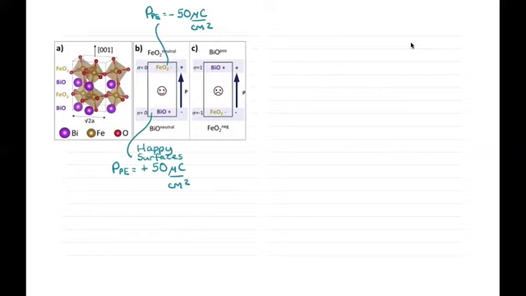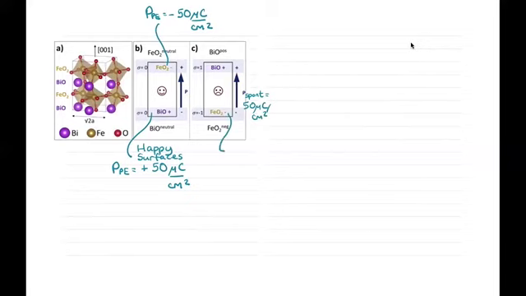In the opposite case, sketched here, the polarization is still oriented in the up direction. So the negative end is at the bottom and the positive end is at the top. And the spontaneous polarization still has the value of 50 microcoulombs per square centimeter. But in this case, it's adding to the polarization from the half quantum.